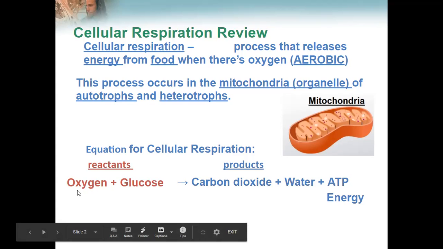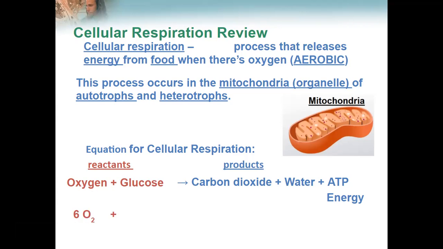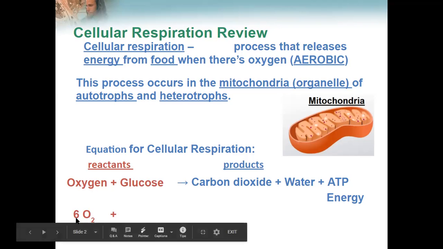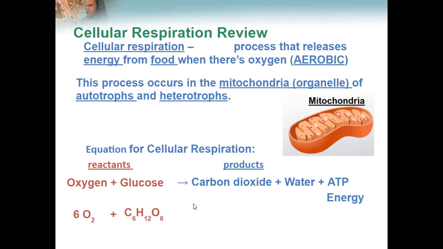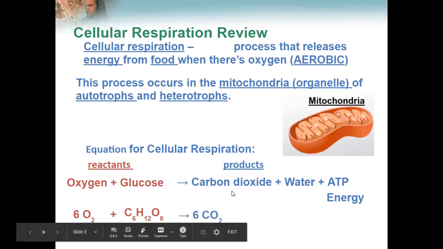So to look at oxygen, we need to write it in a chemical way, 6O2. So there's 2 oxygen atoms put together, but we need 6 of those oxygen molecules. Glucose, or food, is represented by C6H12O6, so there's 6 carbons, 12 hydrogens, and 6 oxygens. And that will lead to making carbon dioxide, which is CO2.